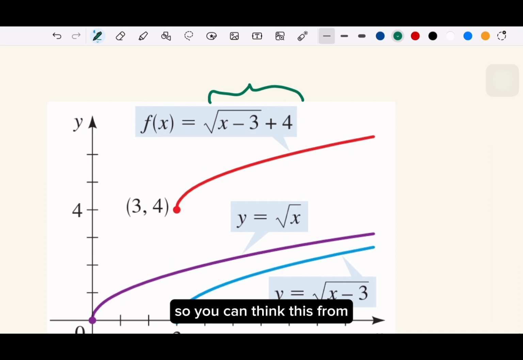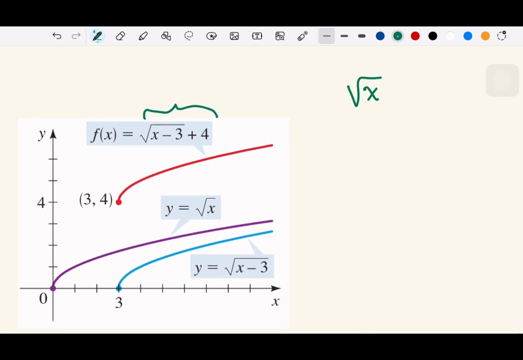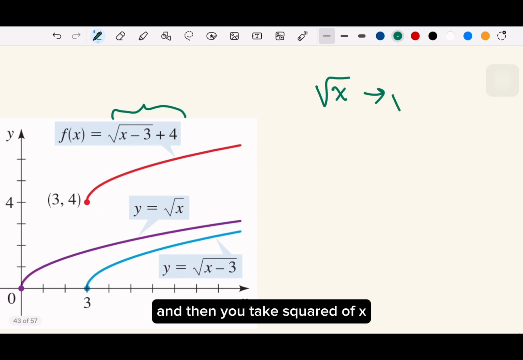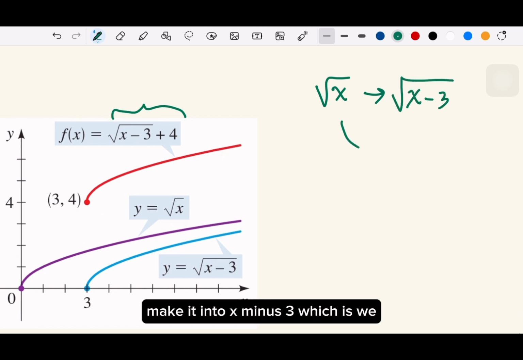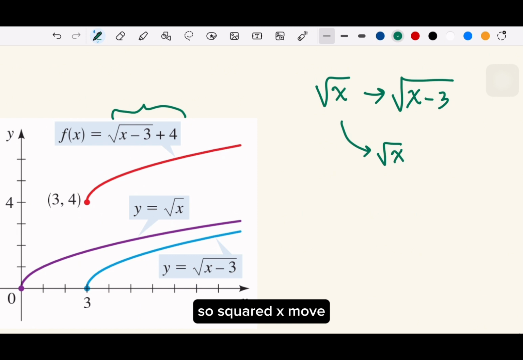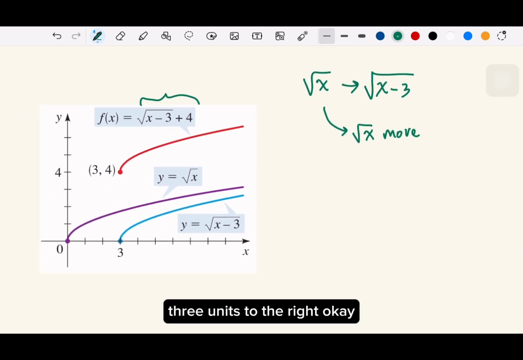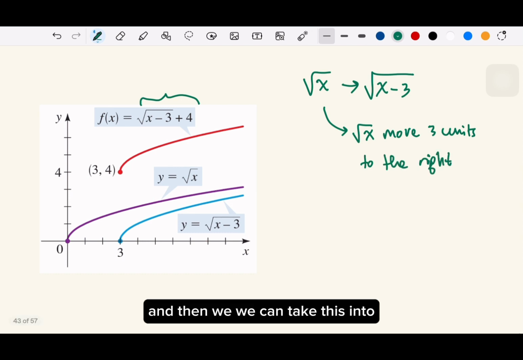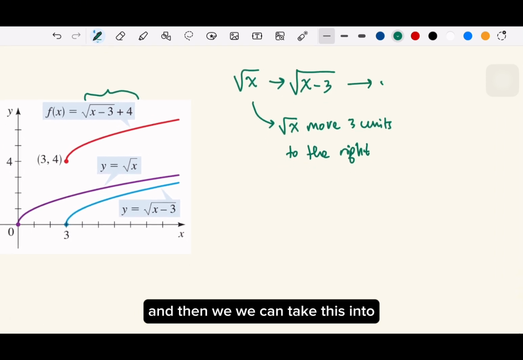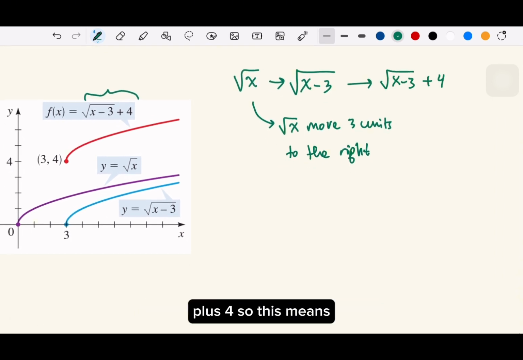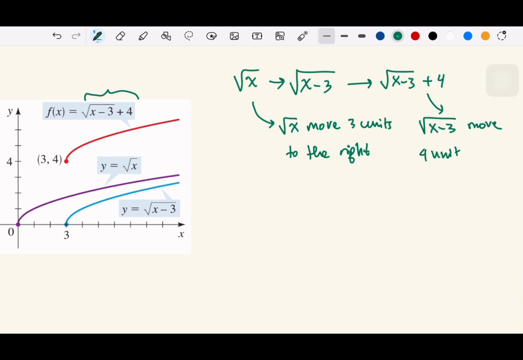You could think of this from square root of x, and then you make it into x minus 3, so square root of x moves 3 units to the right, and then the plus 4 means move 4 units upwards.